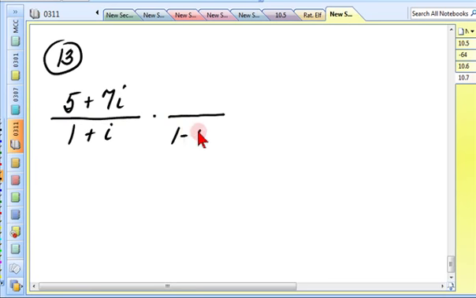Yes, (1 minus i) over (1 minus i), the conjugate of the denominator. What kind of multiplication will you be doing with the numerators, with the tops? FOIL. And I just put them in parentheses because they look more like binomials if I do that.